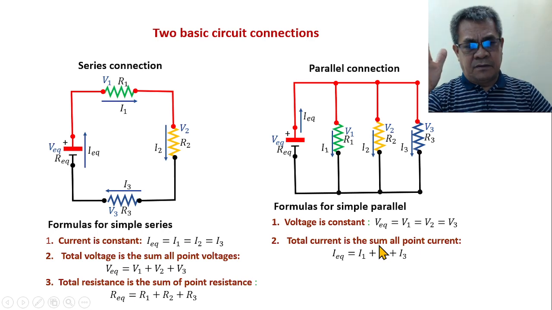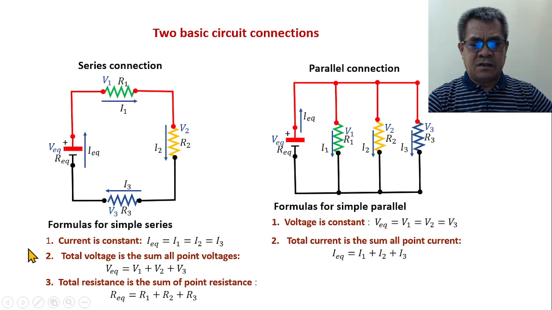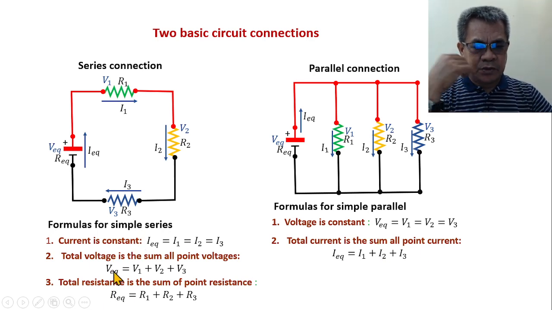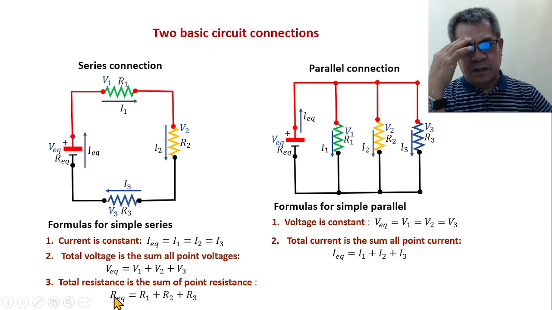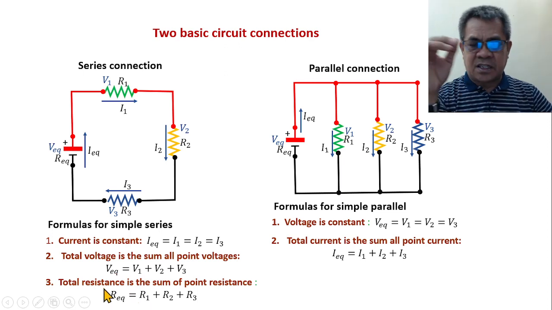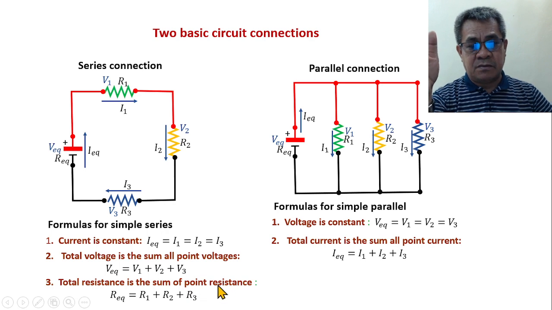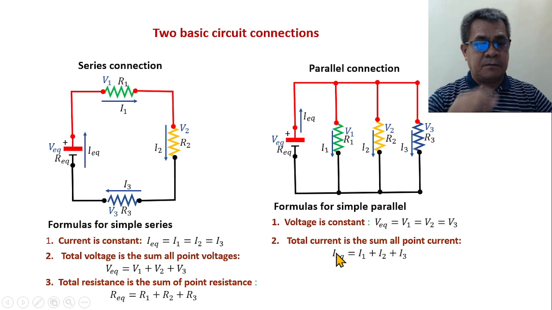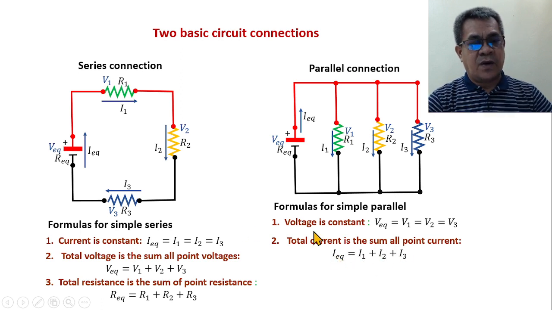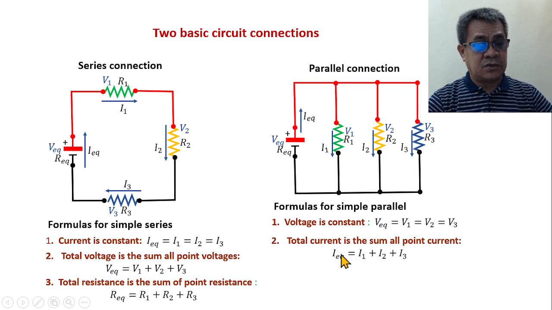Okay, so if you do the same in the parallel side, since our I equivalent is I1 plus I2 plus I3, while the voltage is constant, you can apply Ohm's law in equation 2.